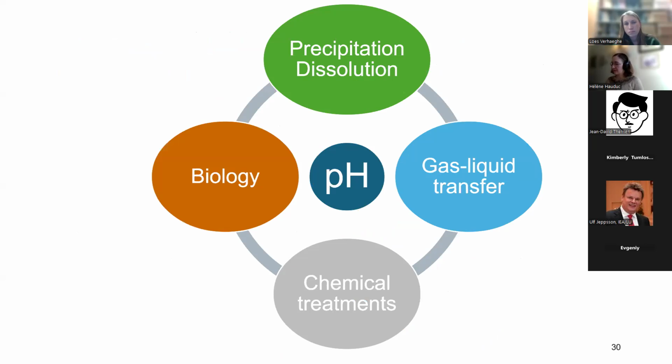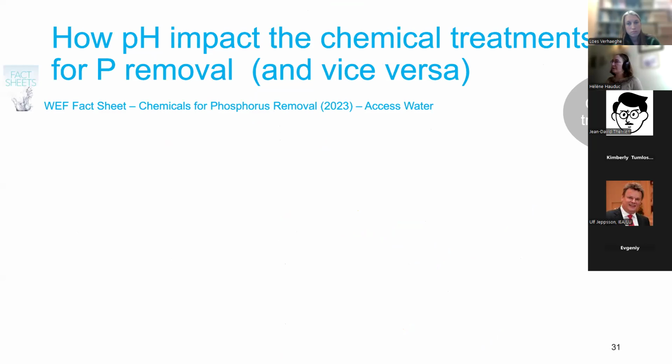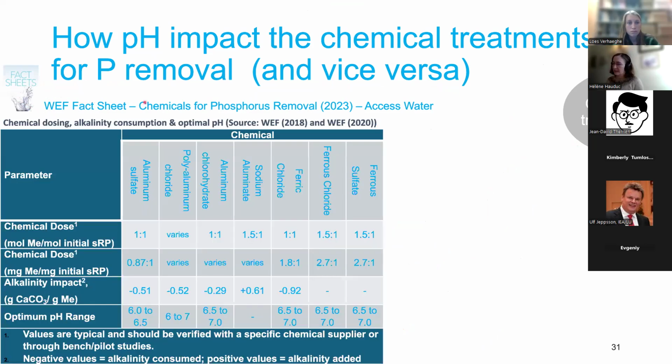And this will link with the chemical treatments that we may find in the waterline too. And I will use for that some data that come from a fact sheet I've worked on, and that has been published in 2023 by the WEF.